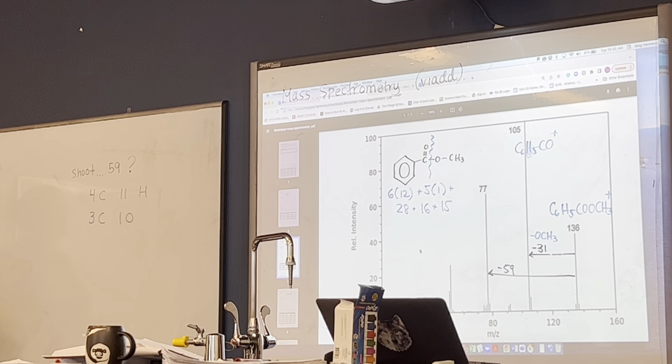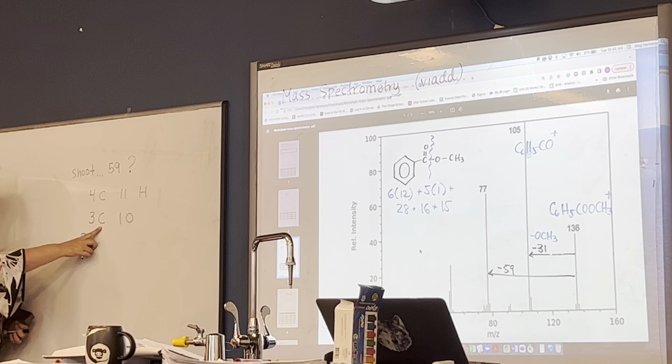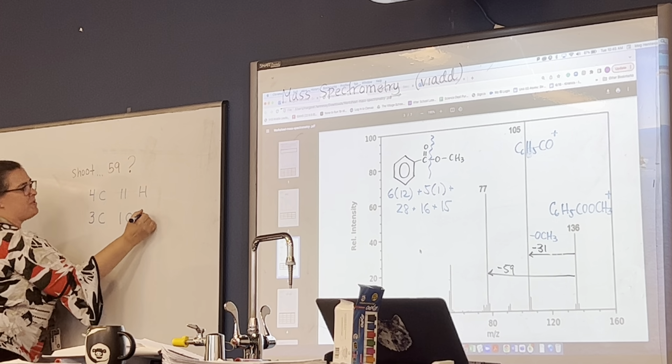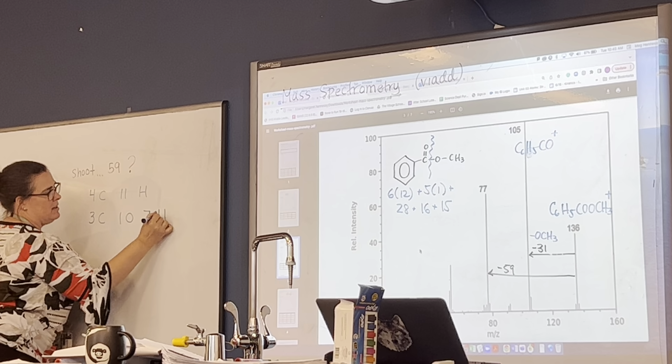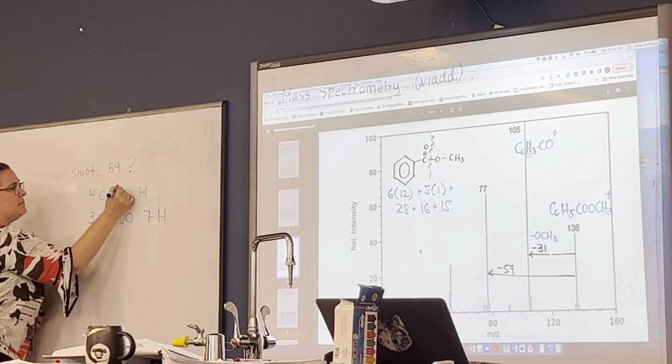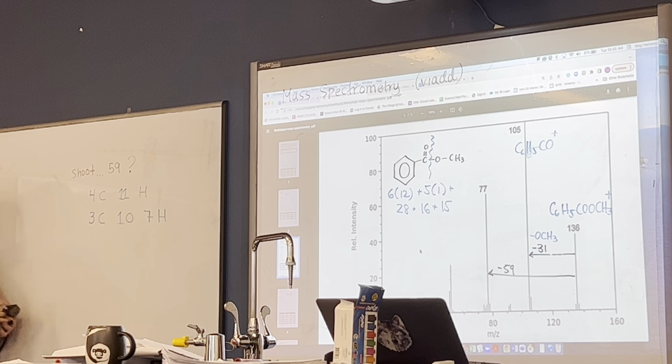How many hydrogens would that be? So I'm gonna take 3 times 12, 36, plus 16 is 52, so 7 hydrogens. Is that reasonable? Do we have anything in the molecule that is consistent with 3 carbons, 1 oxygen, and 7 hydrogens?